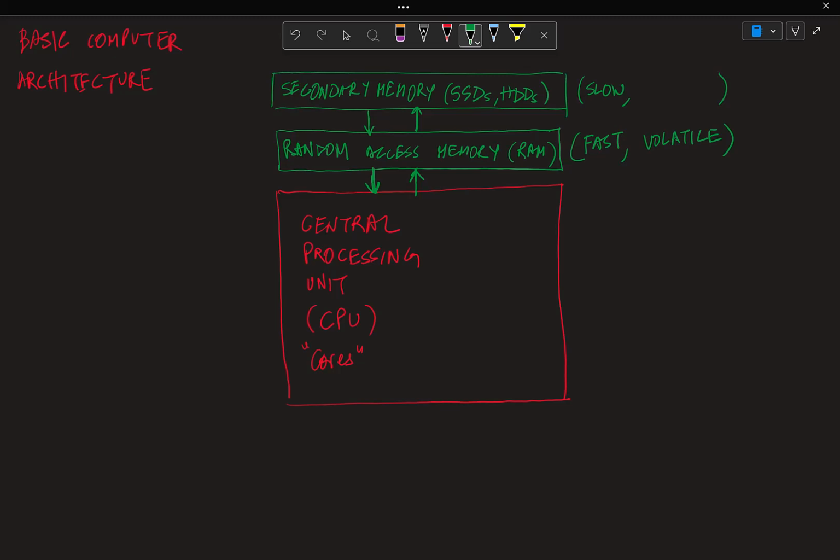Nevertheless, it's mechanical, and it's not as fast as the electronic circuitry of random access memory. And so secondary memory is slow, but secondary memory is non-volatile.